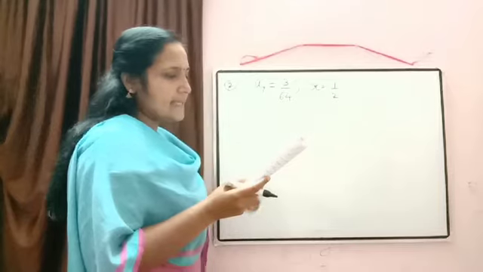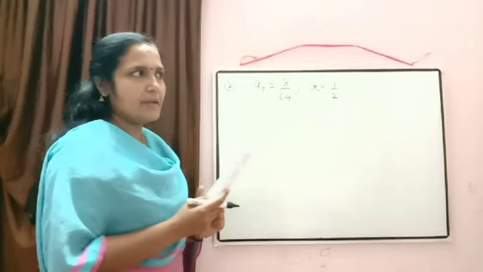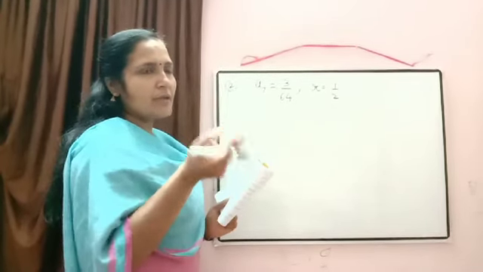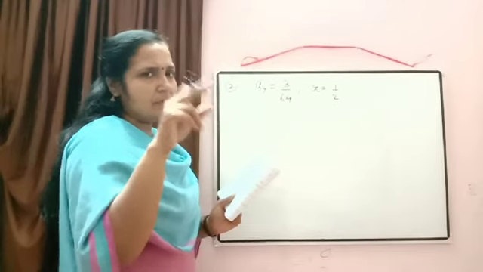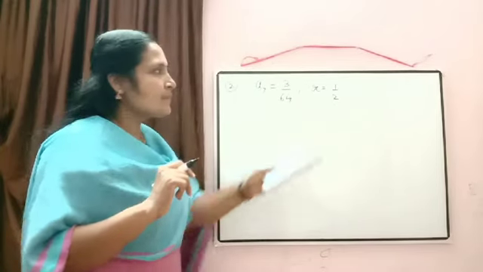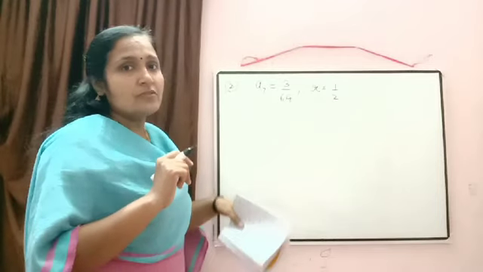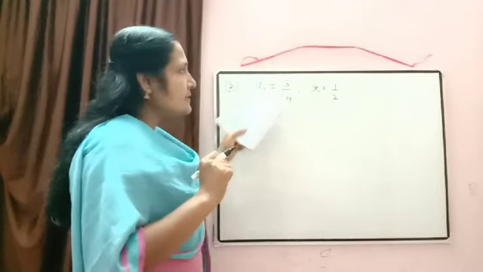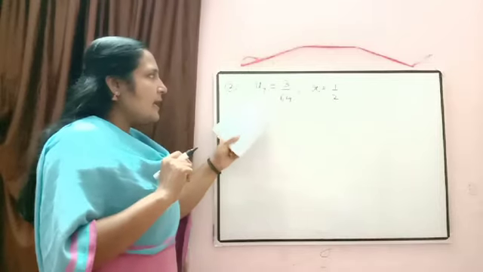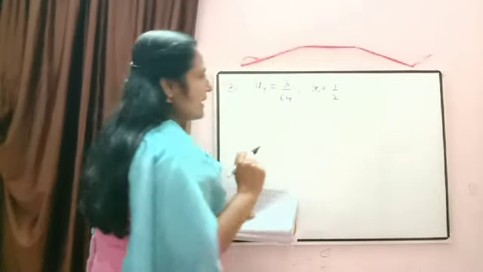We have to calculate the 15th term of the GP. According to the formula it will be A into R raised to 15 minus 1. The value of R is given, but the value of A we don't know. So to calculate the value of A, this information is given: A7 is equal to 3 by 64.